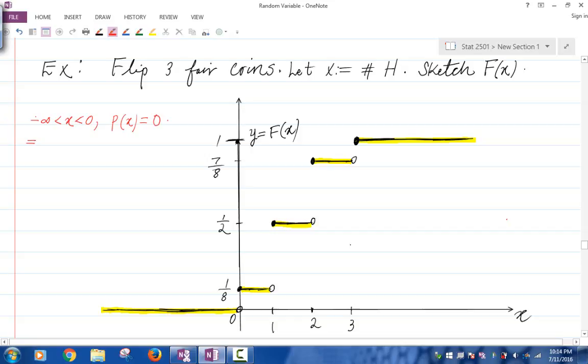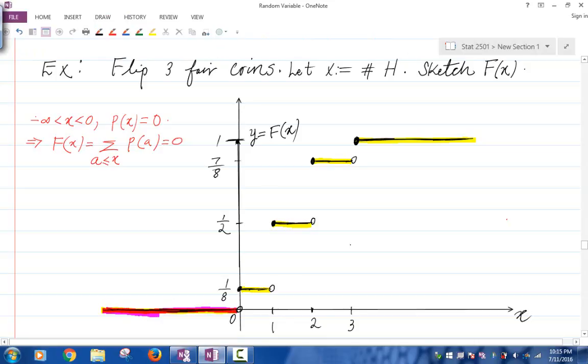So what that implies then is that the value of the CDF function evaluated at any such x, which is the same as the summation over a less than or equal to x of PMF of a, because P of a is 0 for any such a, we are going to get 0 here. So that tells me that the value of F of x is 0 all the way up to 0.